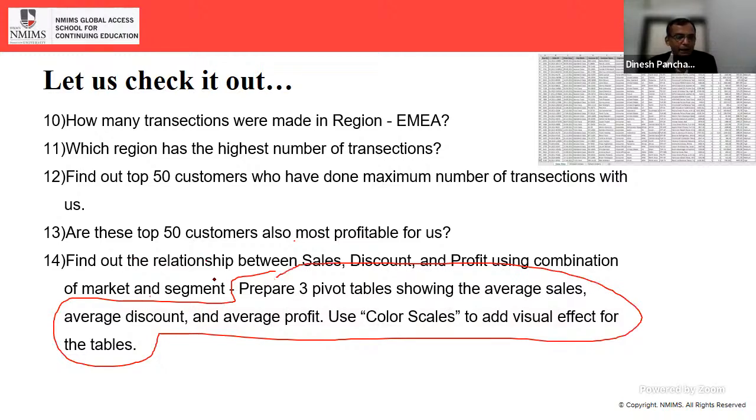Okay, and for that, please take a combination of market and segment. Can you help me to conclude this one? And suggest me a layout which will be self-convincing. Is there a relationship between sales, discount, and profit in terms of average values? For the combination of market and segment.